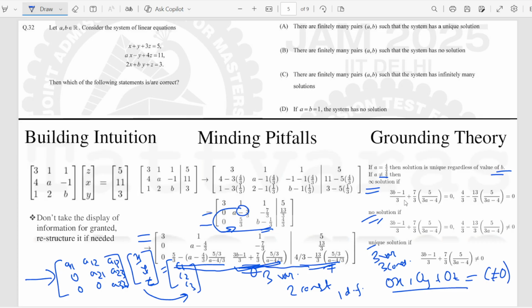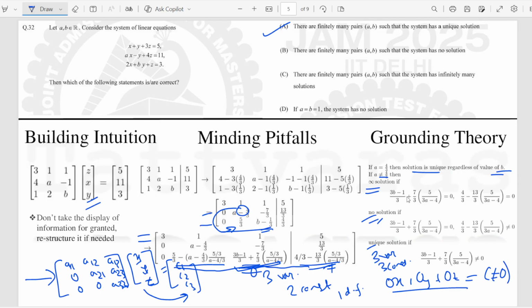And now let's see the options. Unique solutions, infinite ways to get there, because when a is 4 by 3, whatever value of b we take, the solution for x, y, z would be unique.